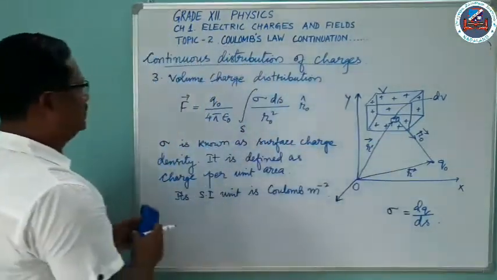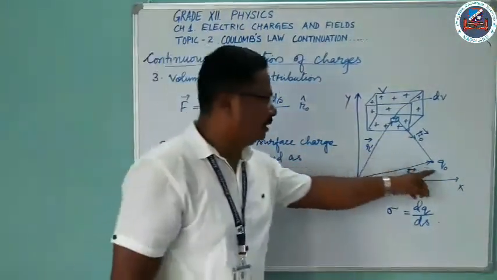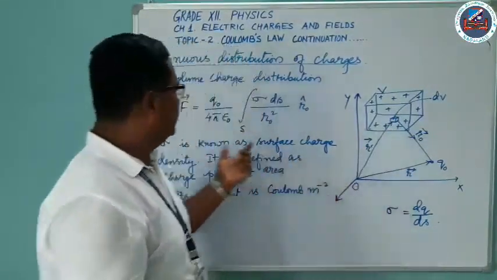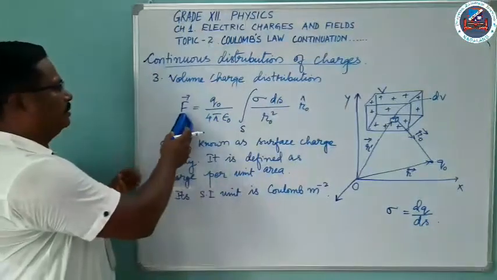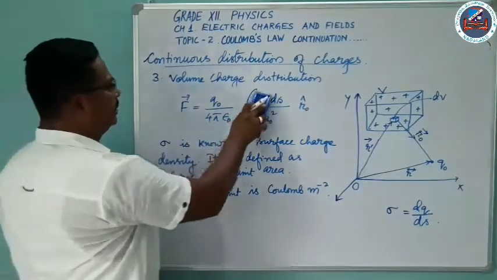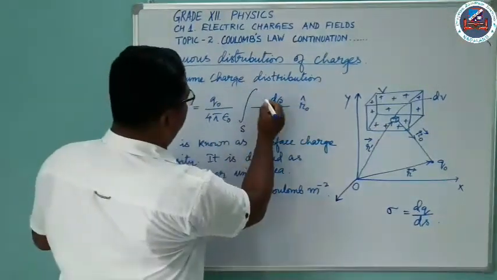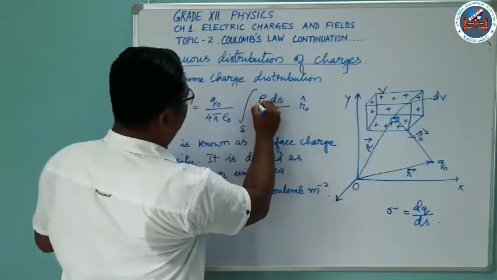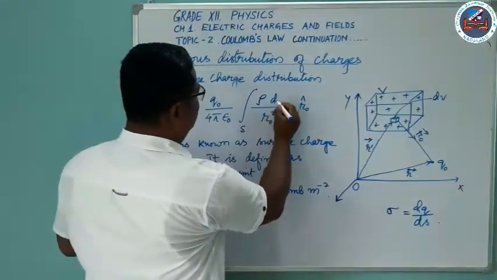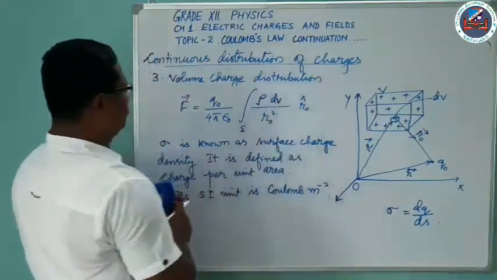Then in this case, the force experienced by Q naught because of the presence of a cuboid here can be expressed as force is equal to Q naught divided by 4 pi epsilon naught. Here we write the volume charge density as rho, and the surface changes into volume.